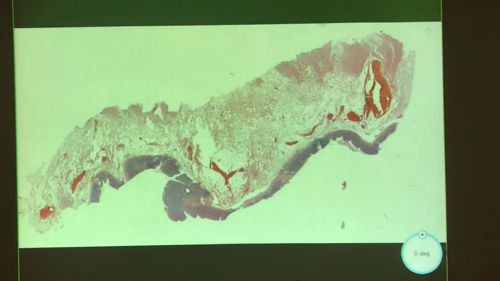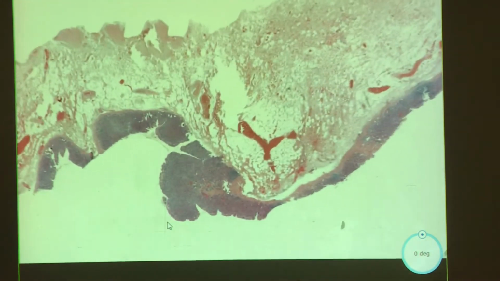Alright, next case. So it looks like some sort of mucosa at low power with a very blue epithelium. Oriented right? This is epithelium here? Yeah. Okay. So very blue epithelium, that kind of raises some eyebrows because you're like, shouldn't it be this blue?